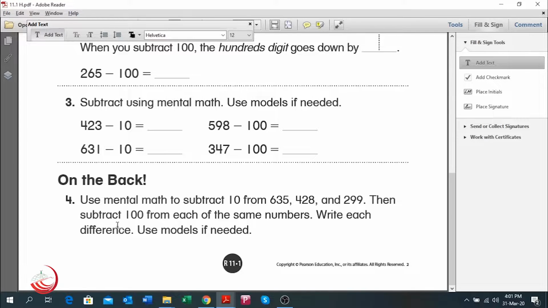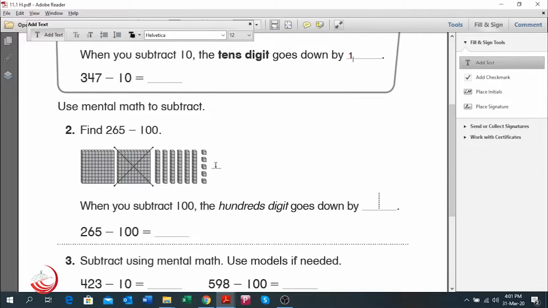Then subtract 100 from each of the same numbers. Again, 635 minus 100, 428 minus 100, 299 minus 100. Write each difference. Use models if needed. The models are the blocks. You can use these blocks if you want.